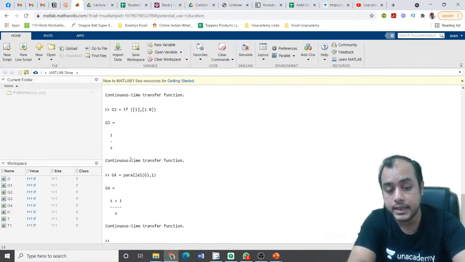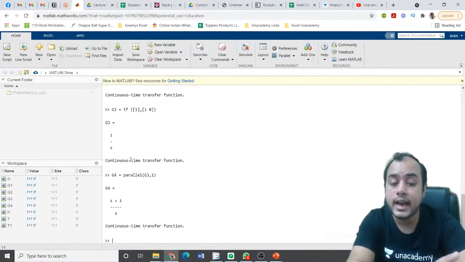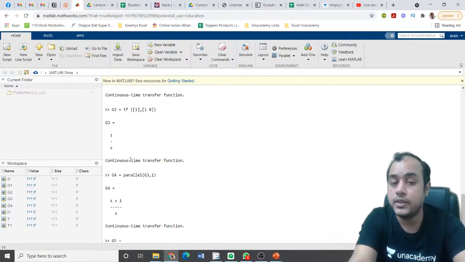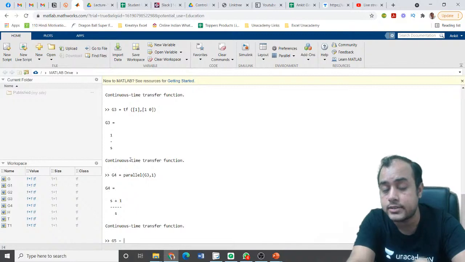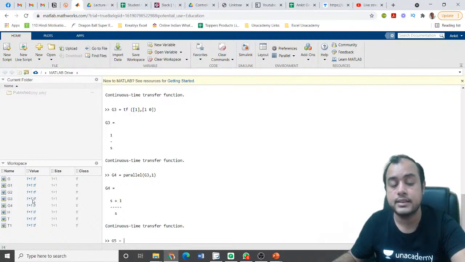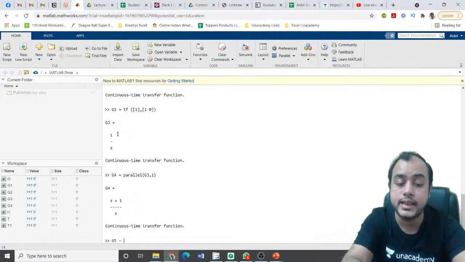See, (s + 1)/s. Now it has to be connected in series with 1/s. G3 is already stored in the system as 1/s, so you don't need to define 1/s again.